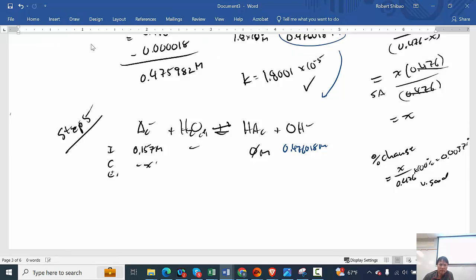So this is going to be minus X molar, plus X molar, plus X molar. 0.157 minus X, 0.476018 plus X.